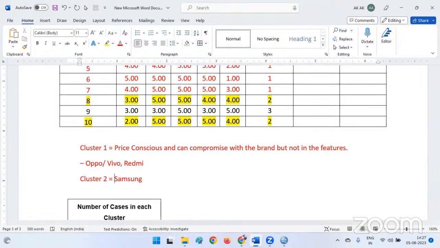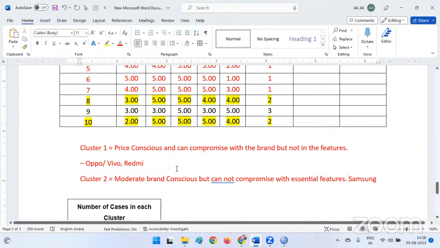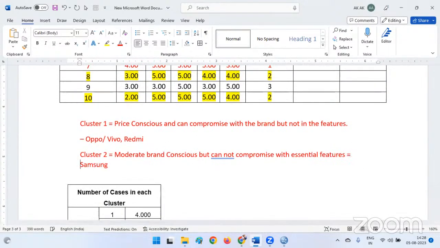So these are moderately brand conscious, but cannot compromise with essential features, mandatory features like battery, like speed should be good.